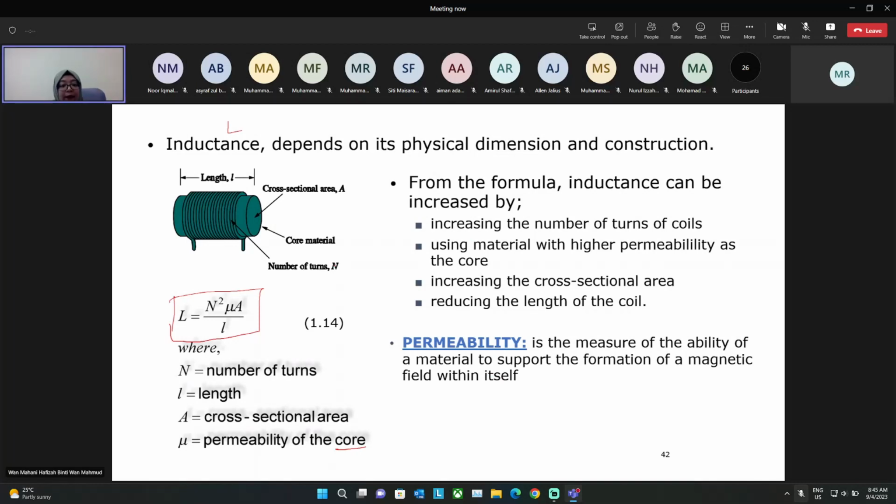From this formula, how do we increase or decrease the value of L?